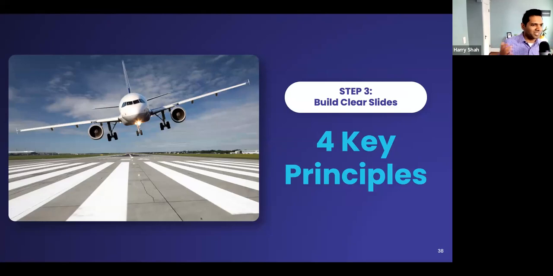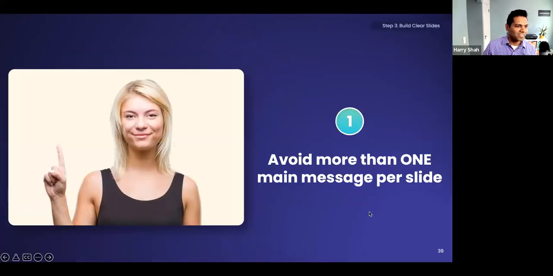With step 3, our main reasoning is how you can make slides so that each slide lands the plane for you and conveys the point that you want to convey. Number 1, avoid more than one main message per slide. A lot of times there's temptation to have fewer slides and pack too much into a slide.